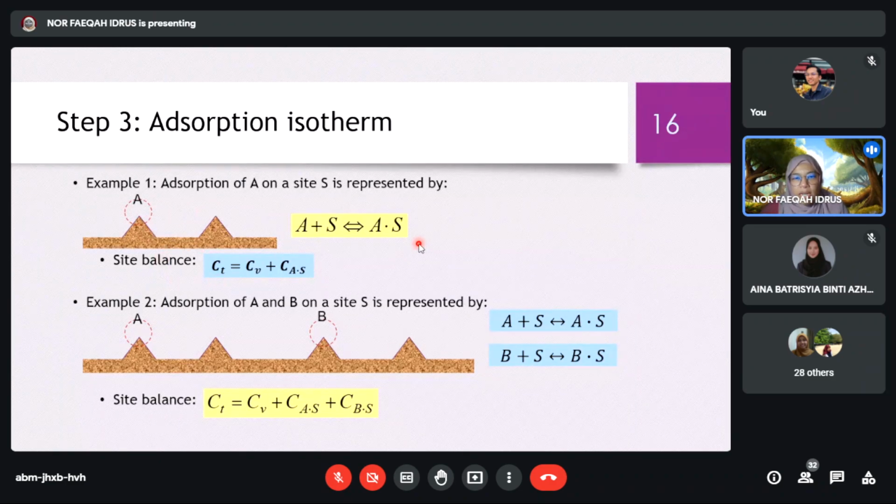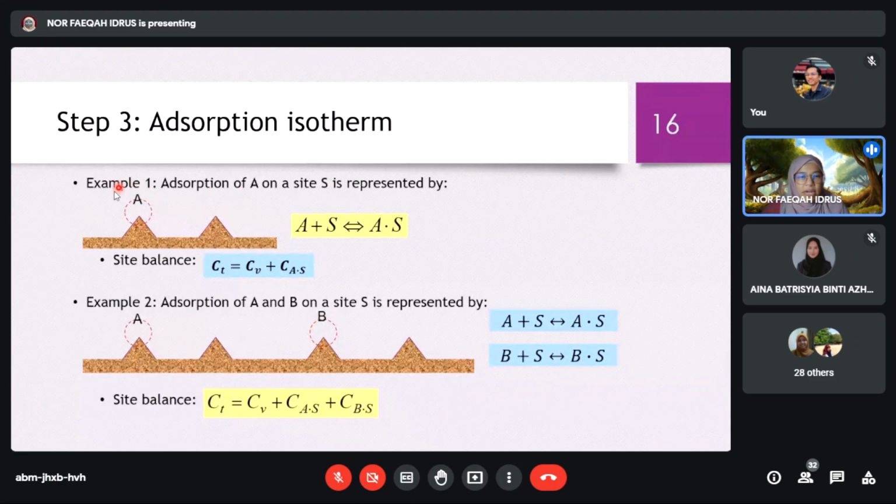And then what is the site balance? For the site balance, we want to write it in terms of concentration. CT, the total site concentration, is CT equal to CV, because we still have the vacant site here. This is the vacant site, or the active site that is vacant.